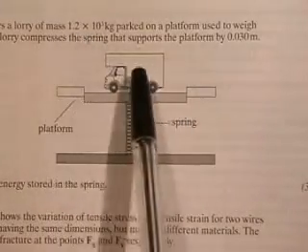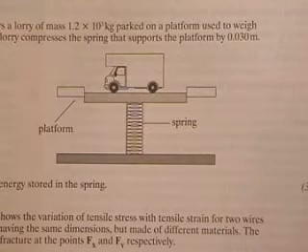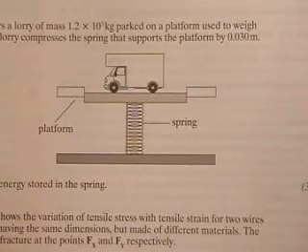So if that's the mass of the lorry that's sitting on top of the spring, you should be able to work out what's the force that's pushing down on the spring and squashing it. And then the question does tell you directly how much the spring compresses, so that's the change in length. So with that information, finding the force and then using the change in length, using the formula, should be straightforward to calculate the energy stored in the spring.